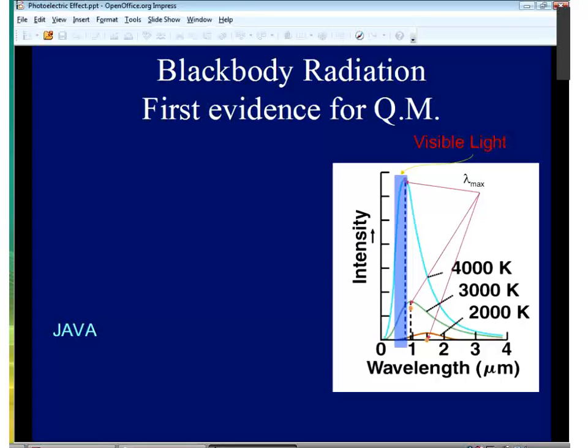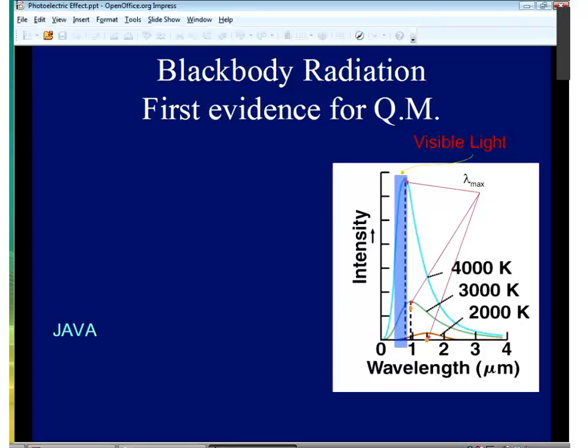For example, if you look at 4000 Kelvin, you find that a little bit to the left of 1 micrometer, there is a peak. That lambda may be 0.9 micrometer.